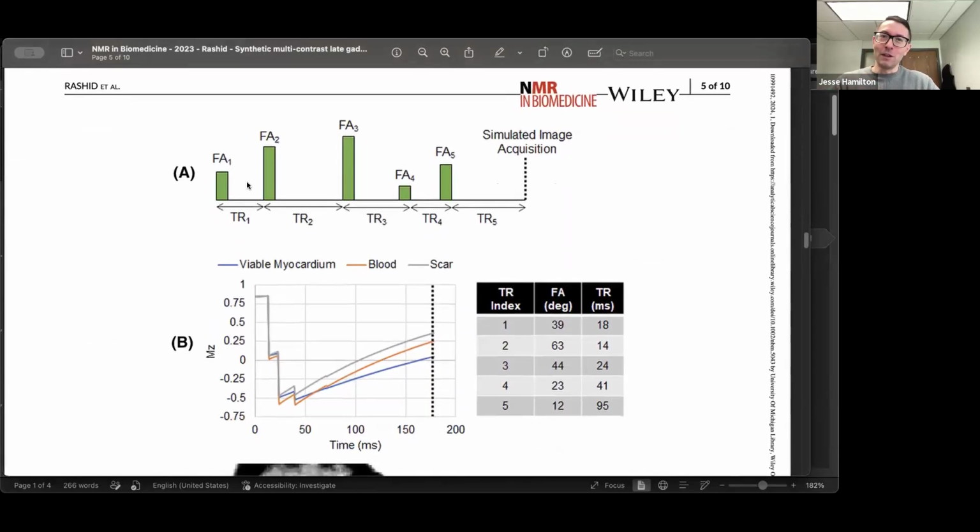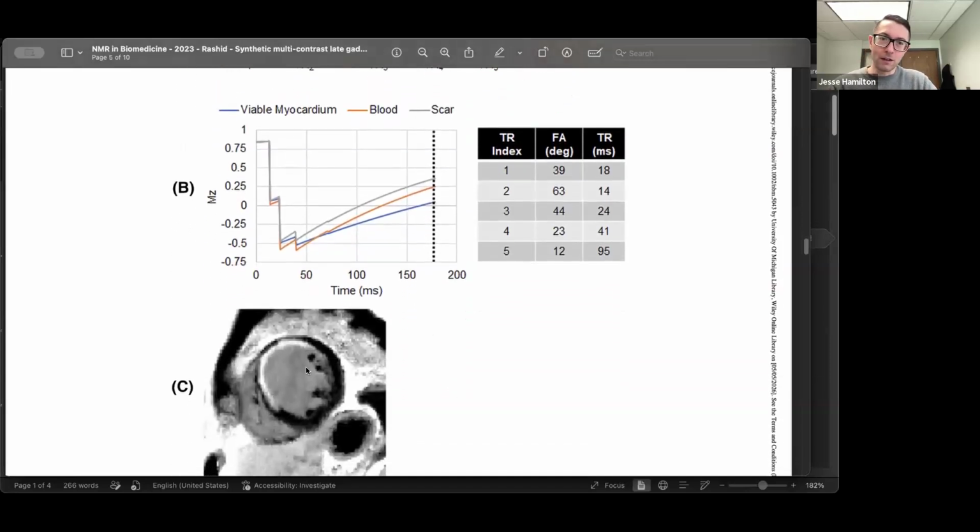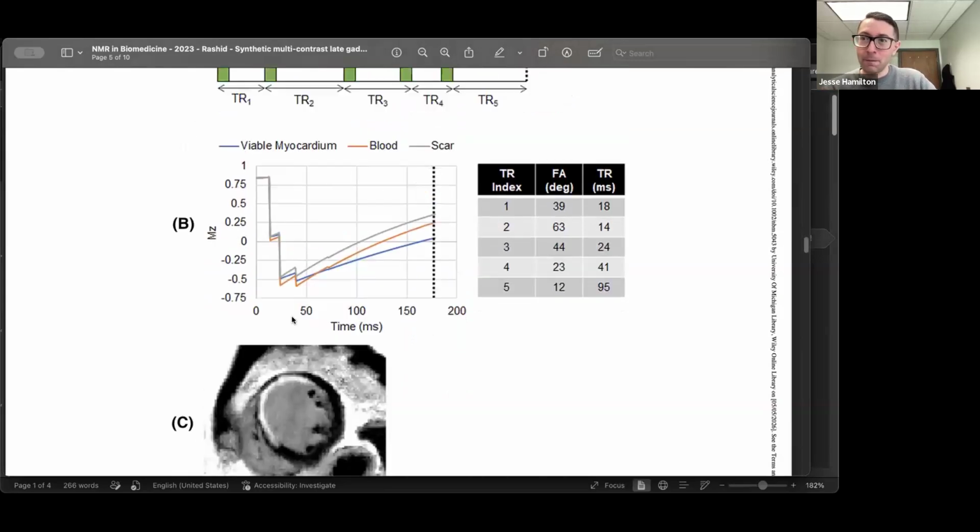If you look at this diagram, we optimize an arbitrary series of flip angles and timings, or TRs, to maximize the contrast at the end of this acquisition between these three tissue types. So it's a more flexible design. But for example, in this image, you can see that we can get dark myocardium, gray blood, and then bright scar.